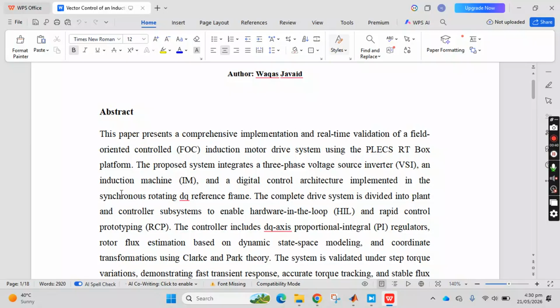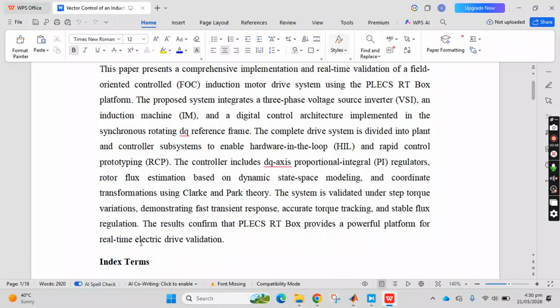The complete drive system is divided into two subsystems, the plant and controller subsystems, to enable hardware-in-the-loop and rapid control prototyping as well. The controller includes the DQ axis proportional-integral regulators, rotor flux estimation based on dynamic state-space modeling, and coordinate transformation using Clarke and Park theory.